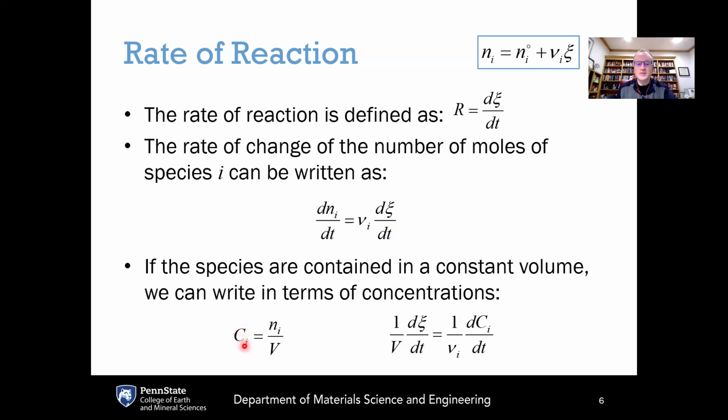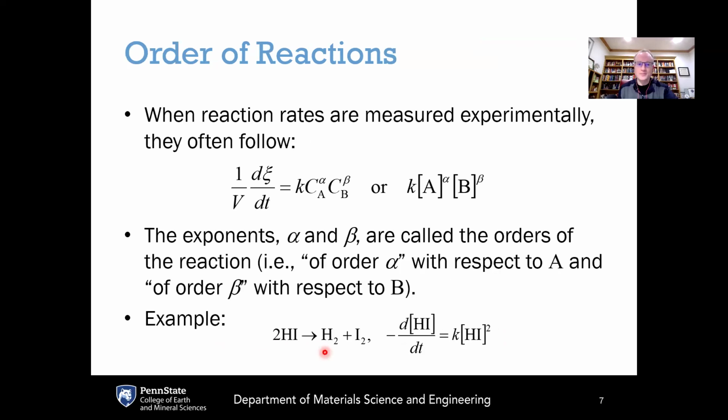The concentration of a species i, C sub i, can be written as the number of moles of that species per unit volume, so n sub i divided by V. And we can write this in equivalent notation in terms of concentrations as 1 over V times dξ/dt is equal to 1 over our stoichiometric coefficient, nu sub i, times the time rate of change of the concentration of species i. And this is just using our definition here of concentration.